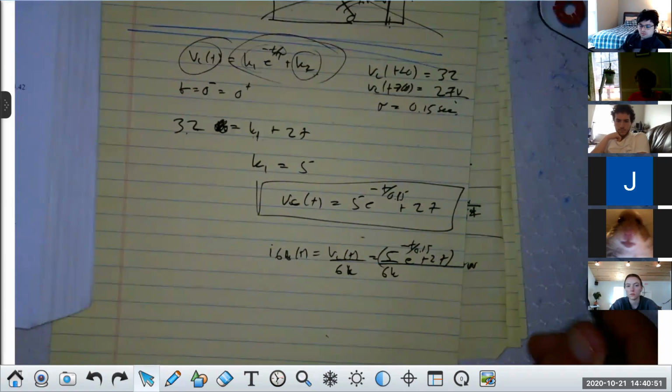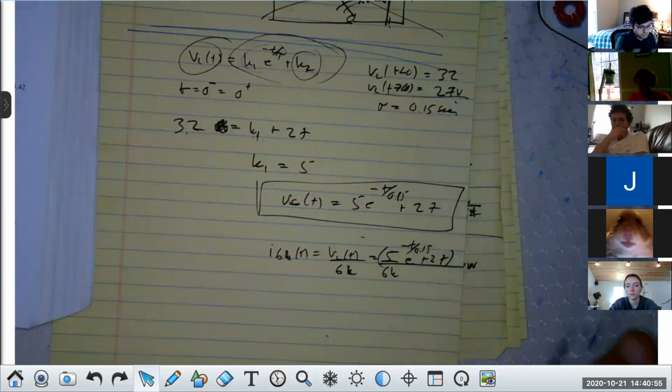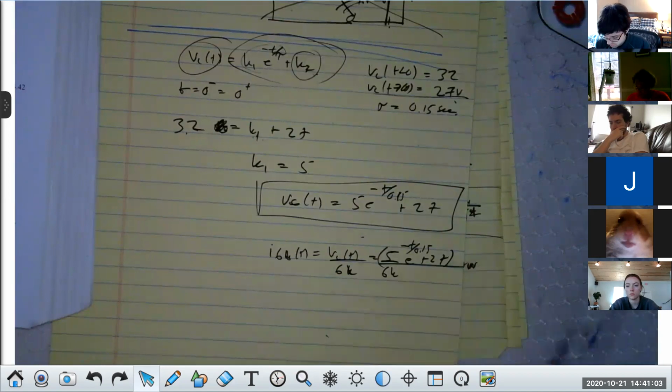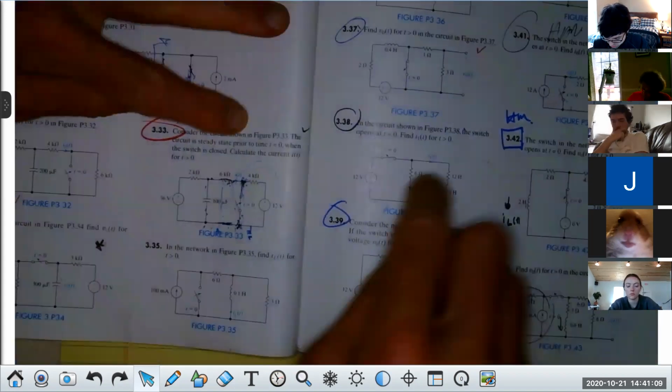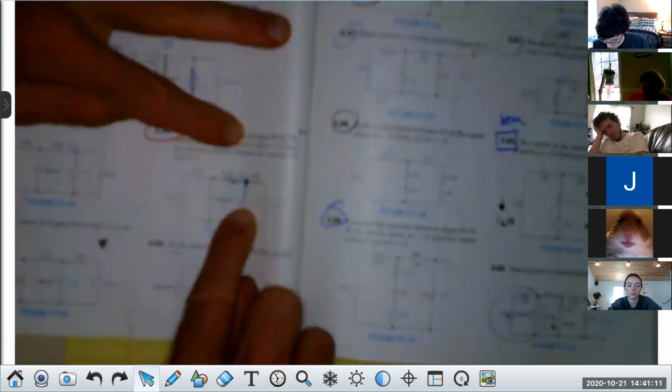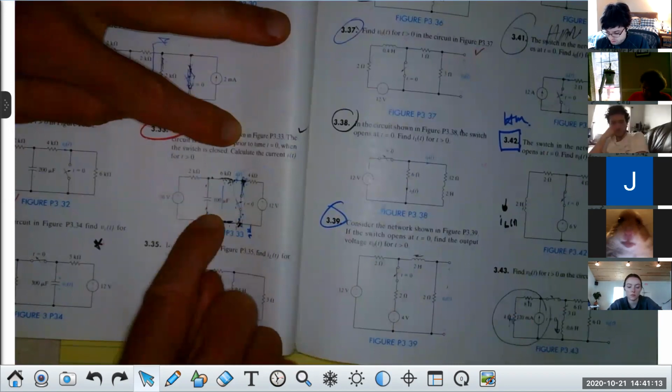Going back to the Thevenin resistance, I'm slightly confused as to why 2 and 6 were in parallel versus in series. Okay, help me out here. For this problem, when we were calculating the Thevenin equivalent resistance for the capacitor, right? Yes.